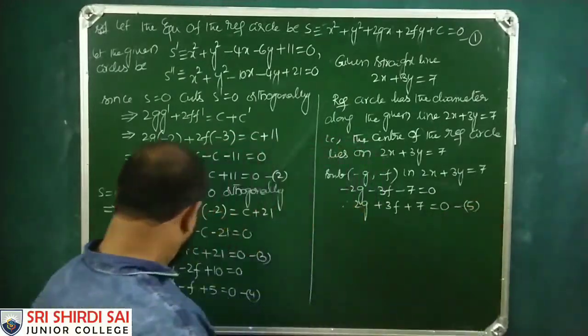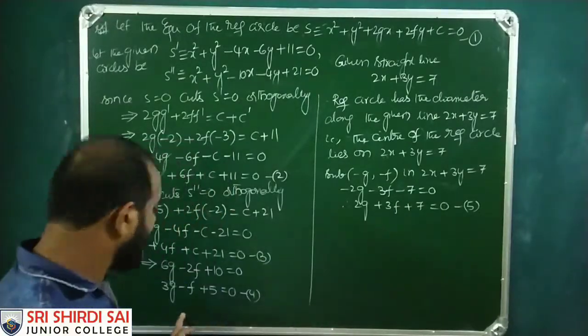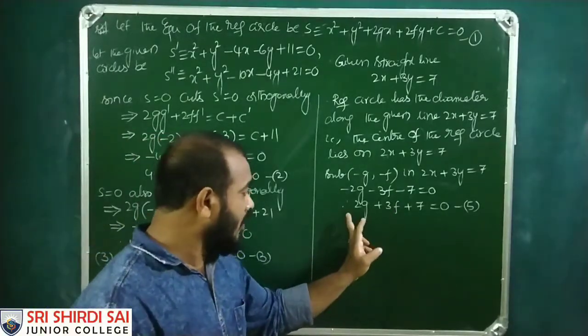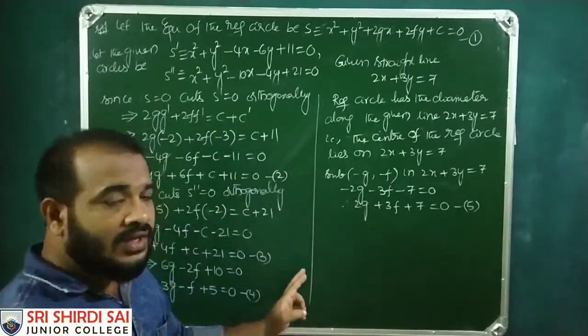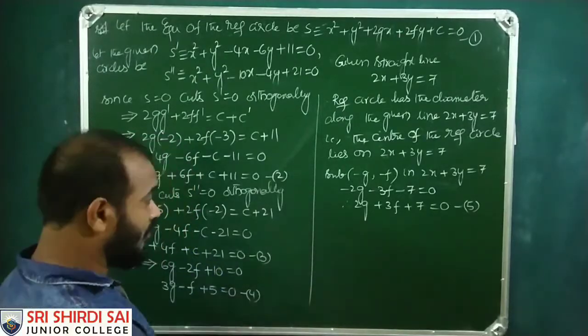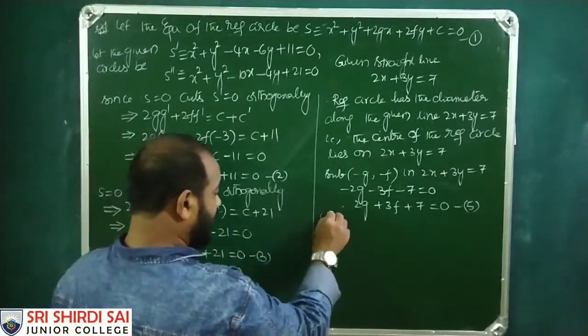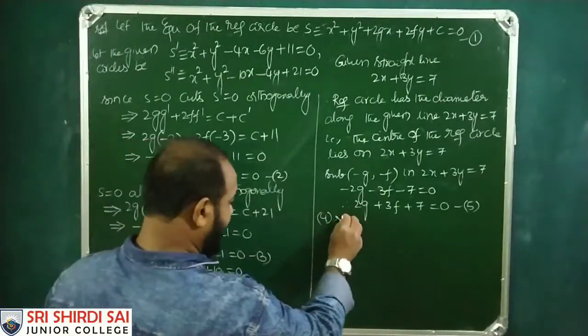Since the fourth and fifth equations are in terms of g and f, if we solve these two simultaneous equations, then we will get g and f values. The fourth one I will multiply with 3.